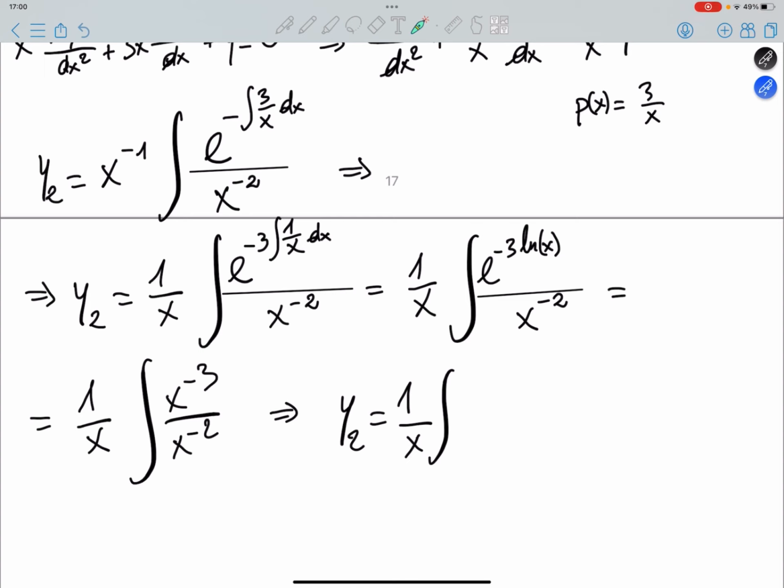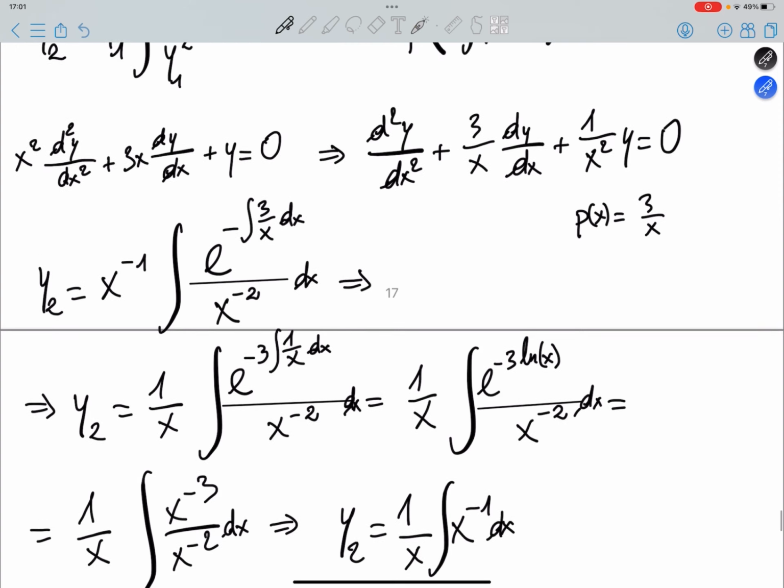Using properties of exponents, we need to subtract minus 2 from minus 3, so we have x to the power minus 1, right? Because it's minus 3 minus minus 2, which is minus 3 plus 2, which is minus 1. By the way, they're all with respect to x, right? This one is with respect to x, this one as well, and here as well.